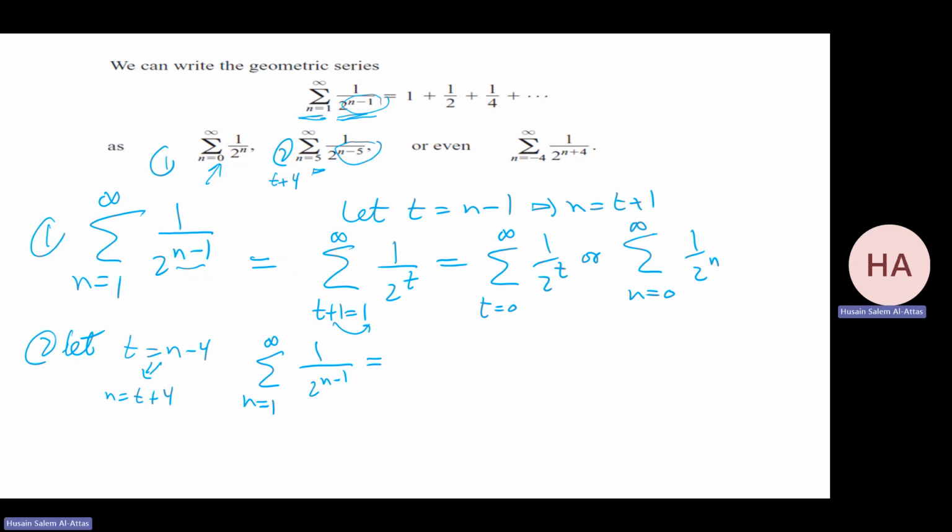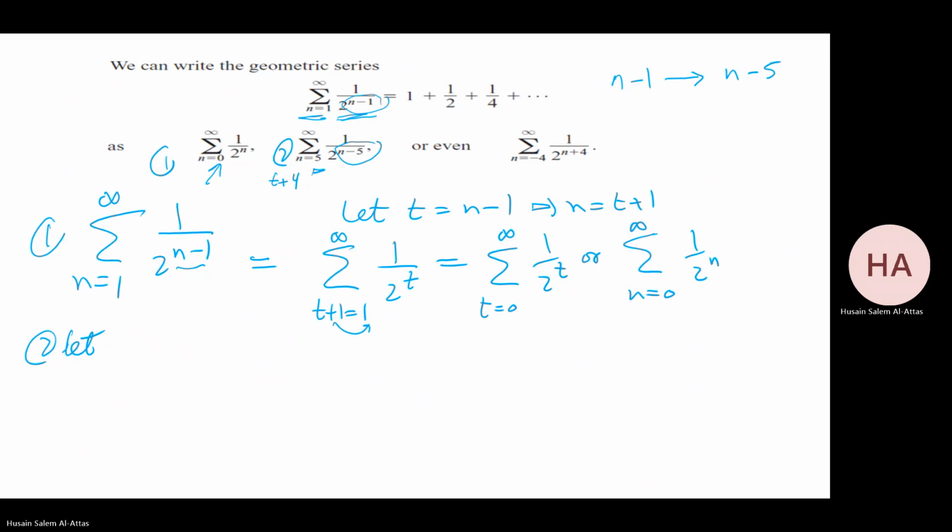Yeah, that will not do it. Let me be careful. I need to change n minus 1. I want to go to n minus 5. So it means I need to do what? I need n to be t plus 6. So I write let n equal t plus 6. So what do we have?